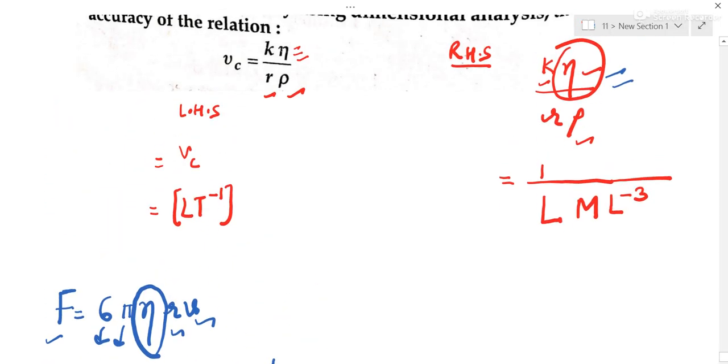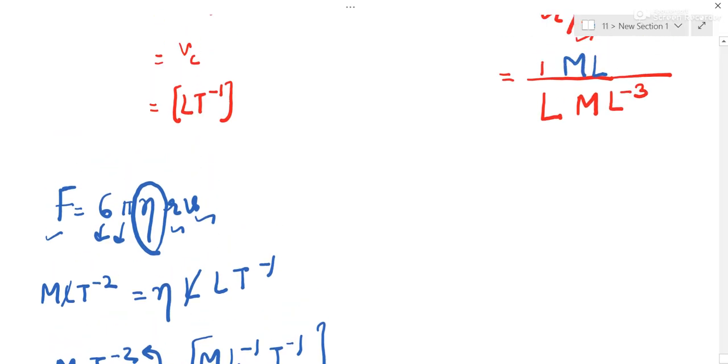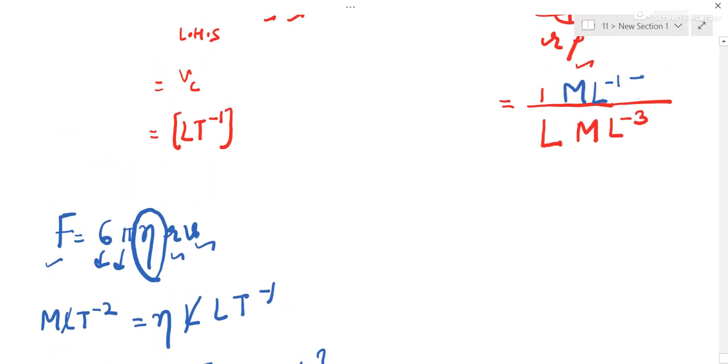Let us substitute here. ML^-1T^-1. M cancel. This is L into L to the power minus 3. So here it is L^-1T^-1. This L^-3 plus 1. Right?